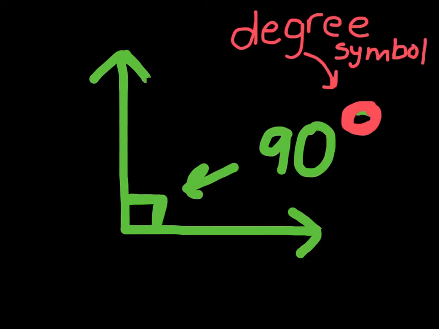Alright, so let's go on to our next slide where we'll talk about our next type of angle. Our second type of angle is called an obtuse angle.